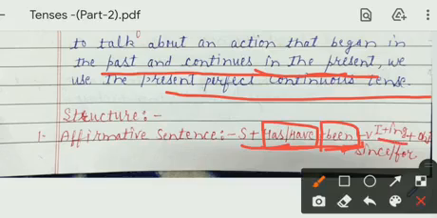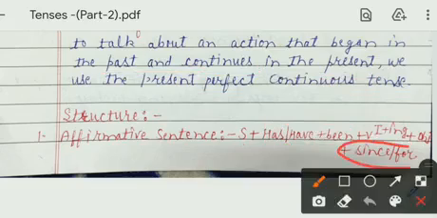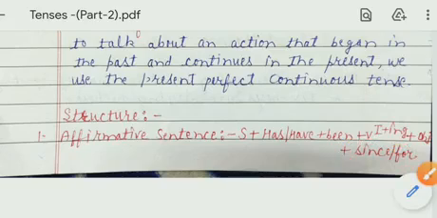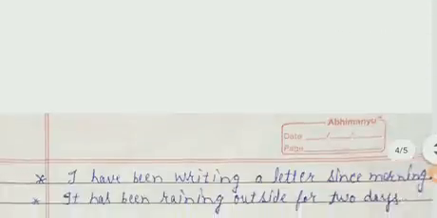After that, verb first form plus ing, object, and one new thing is there, that is the use of since and for. In all perfect continuouses, whether it is present, past or future, you will use since and for. And in preposition we have already discussed the use of since and for, that where you have to use since and where you have to use for.